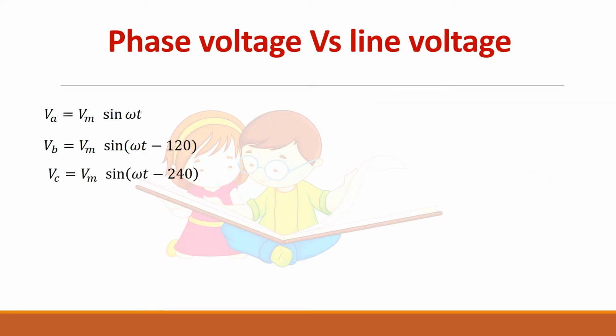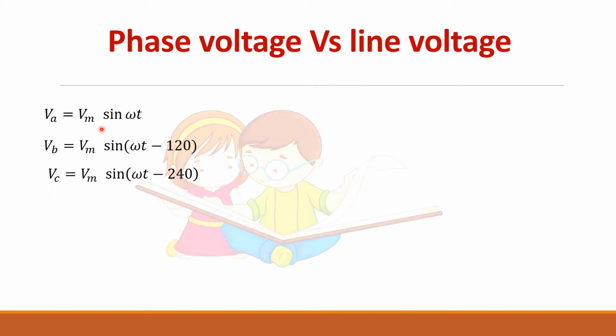For a three-phase circuit, it is necessary to understand the relation between the phase voltage and line voltage, so that it will be easy to draw the waveform. So let us write the phase voltage first. VA, VB, VC are the 3 phase voltages which are phase shifted by 120 degree.